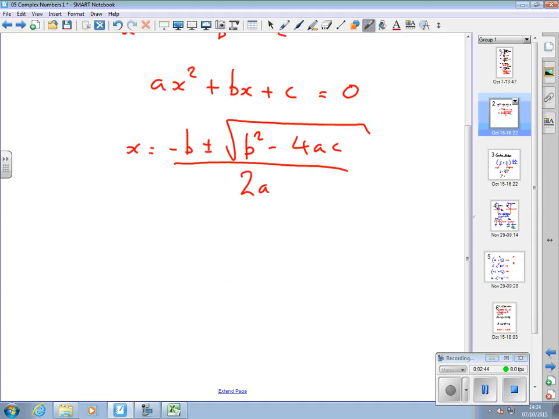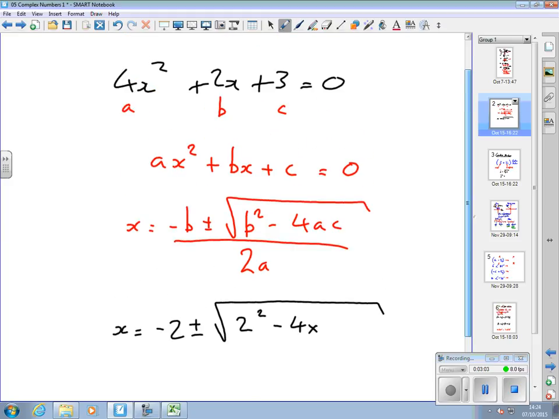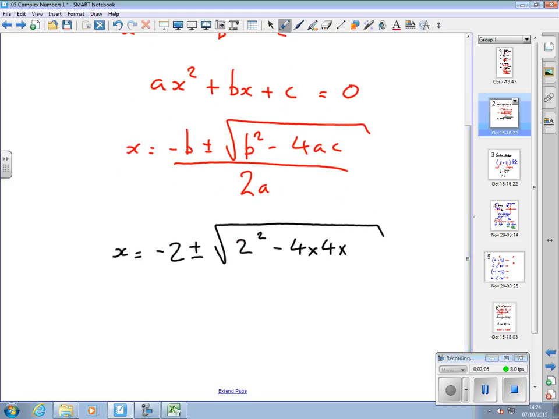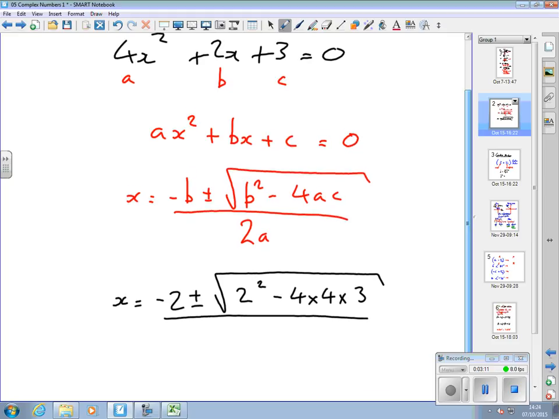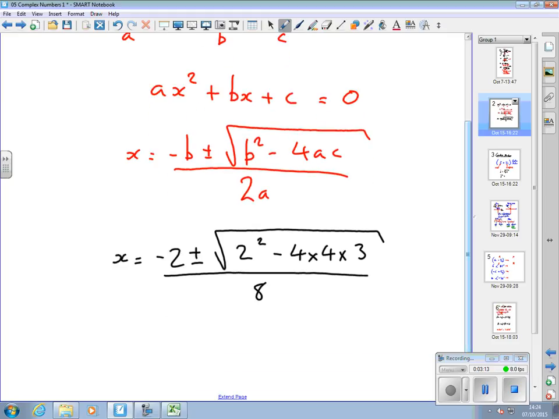So for this particular case, x equals minus 2 plus or minus the square root of 2 squared minus 4 times a, which is 4, times c, which is 3, divided by 2 times a, which is 4. So I'd probably do that, and then I get my calculator out.